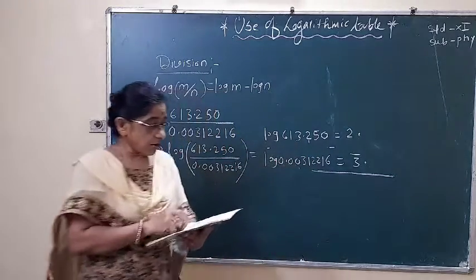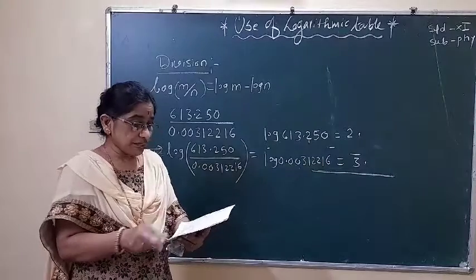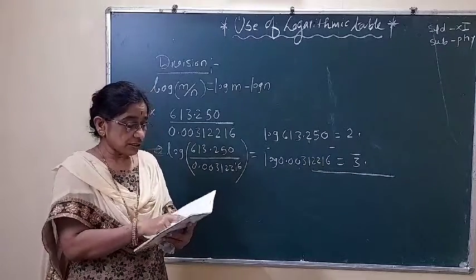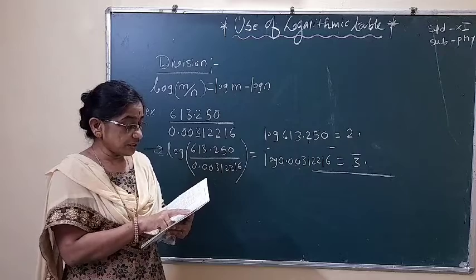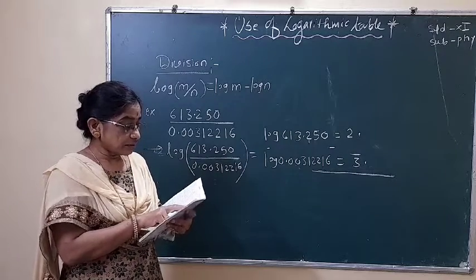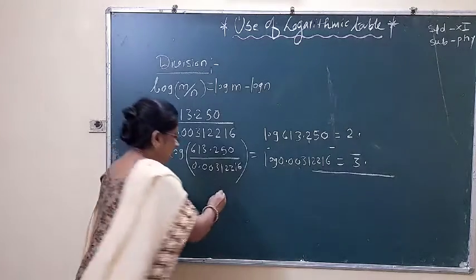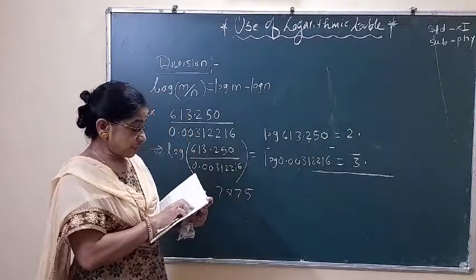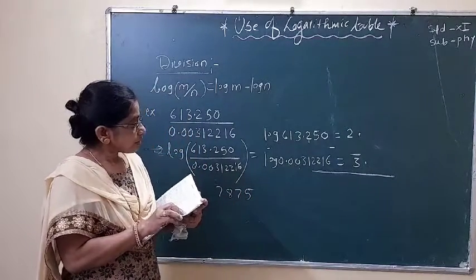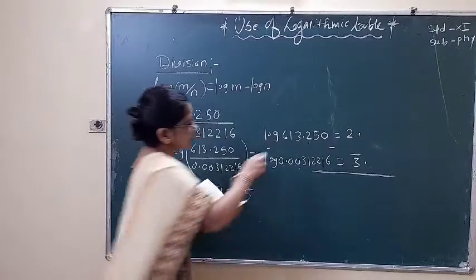Then see the log of 61 in the logarithm table. Log of 61 in 3 is 7875, and the mean difference of 61 in 3 is 2.